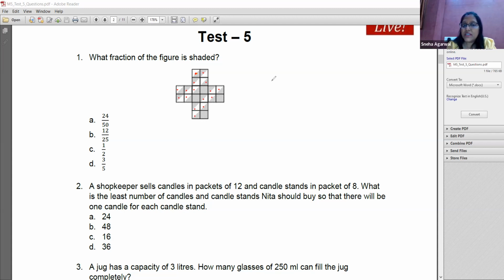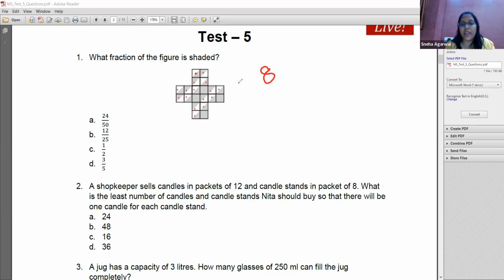We have 16 such squares which are half shaded. If we combine two halves, that will make one square. So 16 halves will make 8 squares.